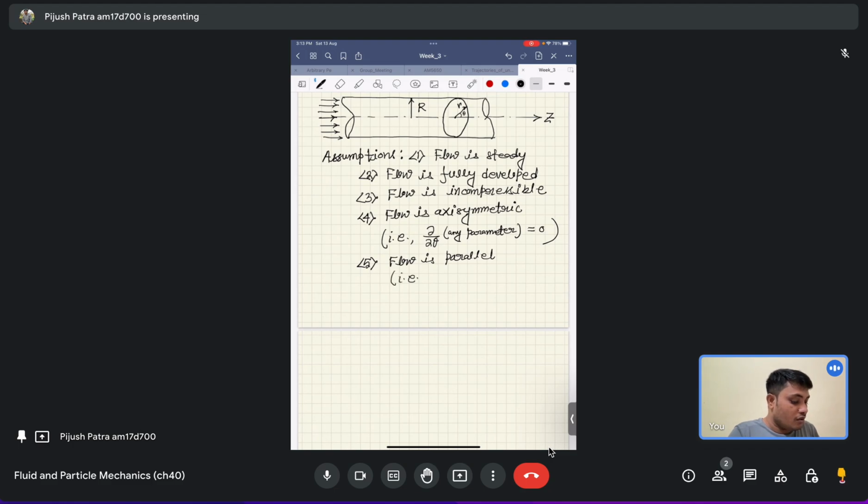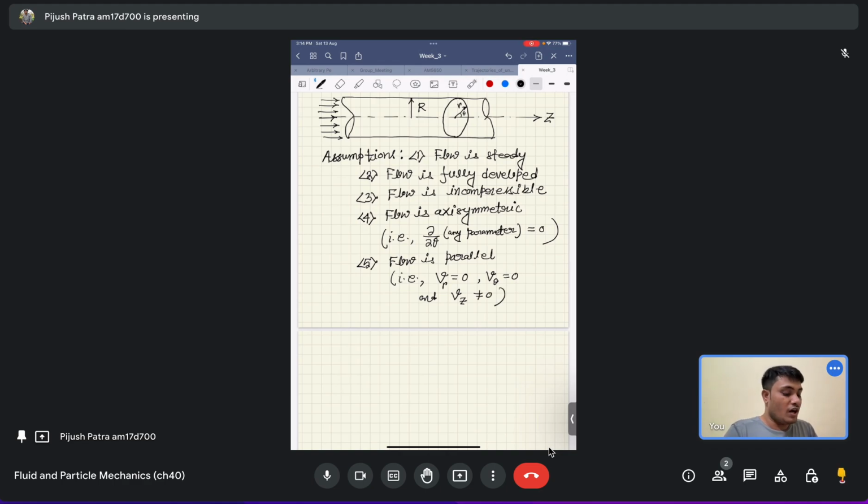Essentially I am saying that Vr is equal to 0 and V theta is equal to 0, and only Vz is non-zero.